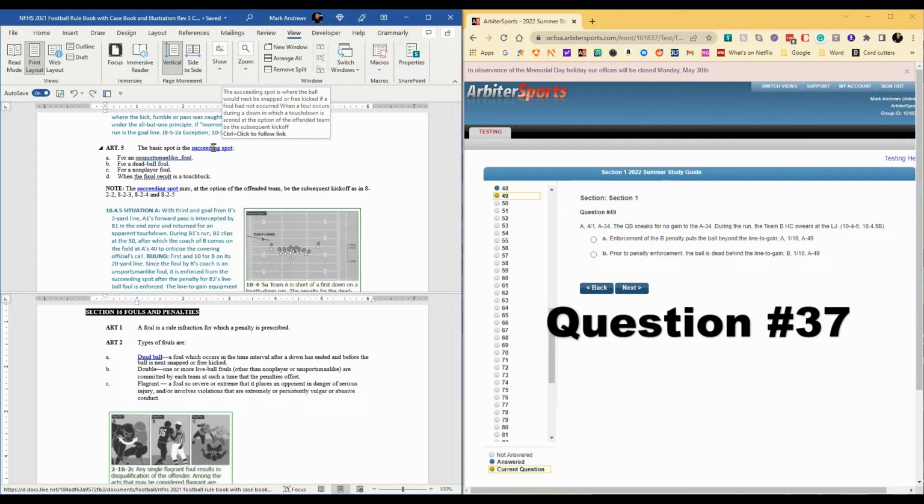So in this case, the succeeding spot is the A34, and it was 4th and 1. So we're going to enforce the penalty against Team B, but A did not make the line to gain, so it's going to be B's ball.